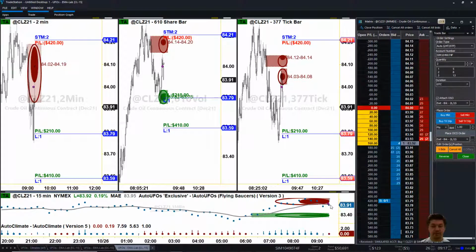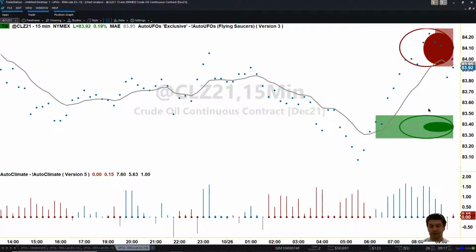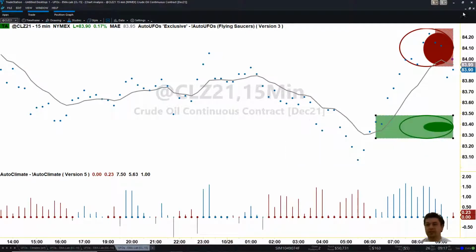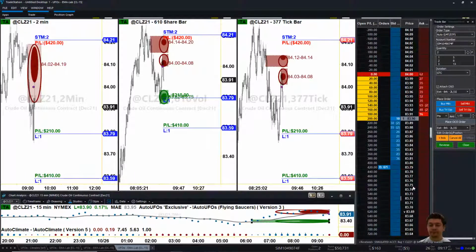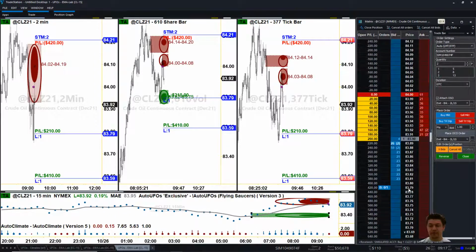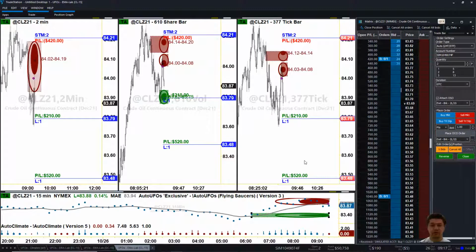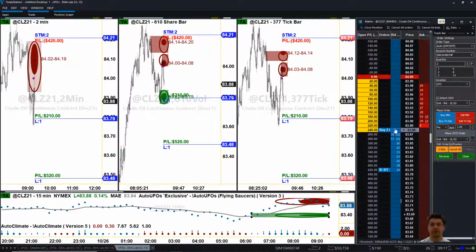Confirmed climate, moving average, moving nicely down. Okay, this is set right. Where's our final target? Let's take a look at this. Our final target is at 83.48. Okay, there we go, moving nicely to our T1.